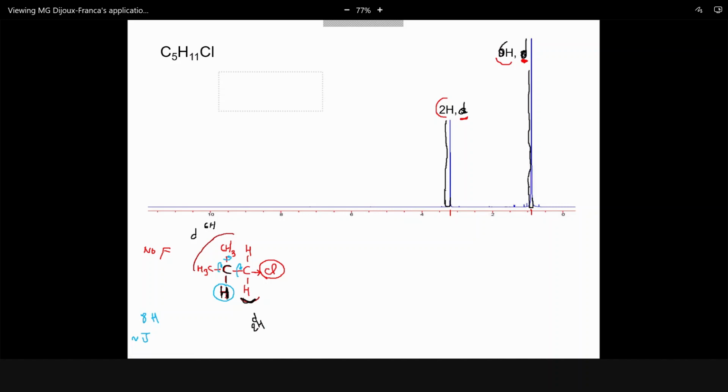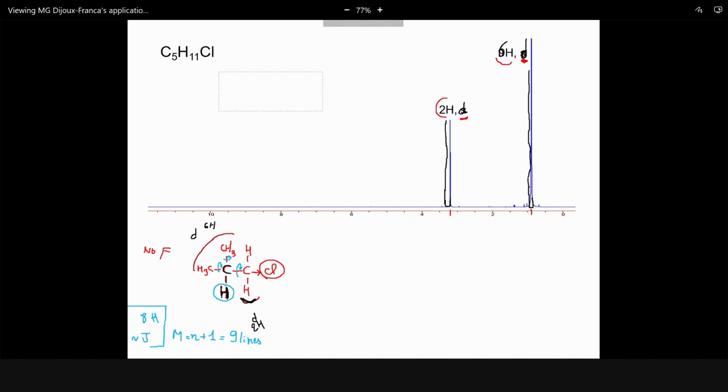That means that I should use the relationship m equals n plus 1. I should find 9 lines in the signal.